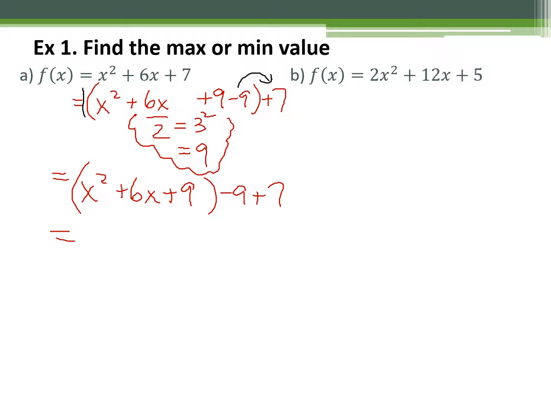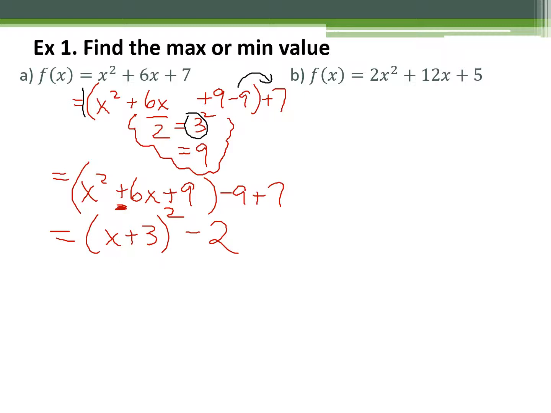So 3 and 3. Those numbers are always going to be the same as long as you completed the square properly. Another way to think about it is whatever your half value was, which is 3, that's always what this is going to factor to. So (x plus 3) all squared, and then negative 9 plus 7 gives you negative 2.